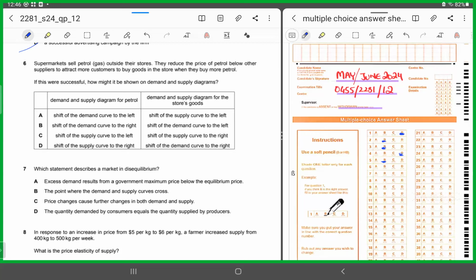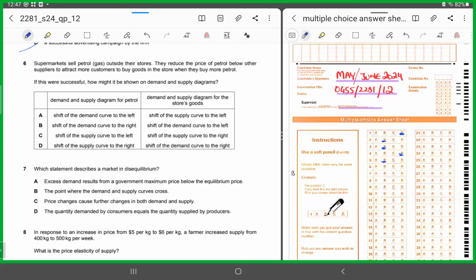Now, let's look at the responses. Demand and supply diagram for petrol and demand and supply diagram for the goods. Now, if the strategy of the petrol station works, what do you think should be the demand and supply diagram? There should be a shift to the left or shift to the right, and a shift of the supply curve or shift of the demand curve.